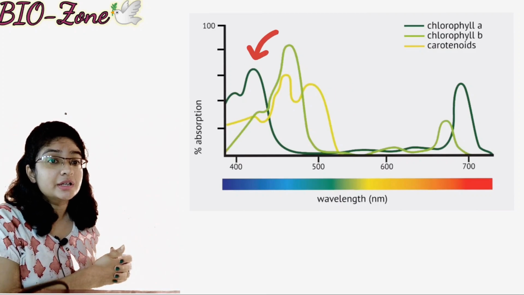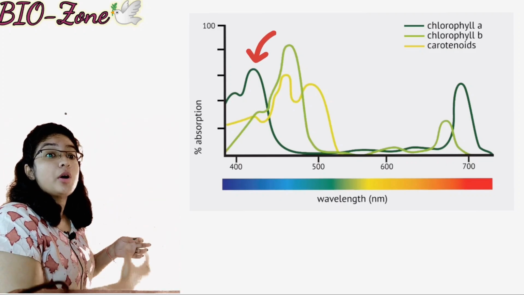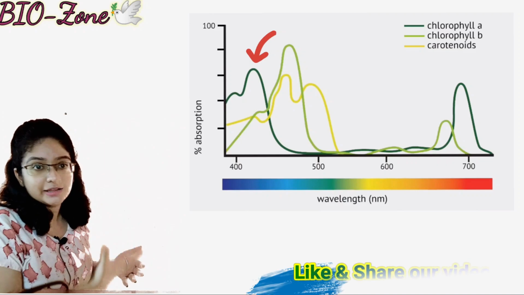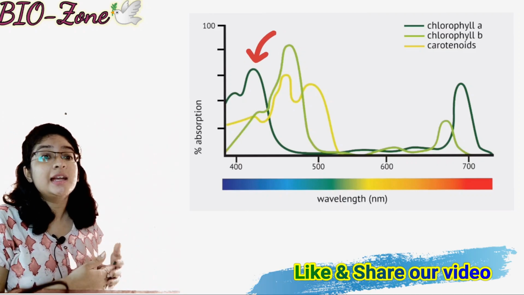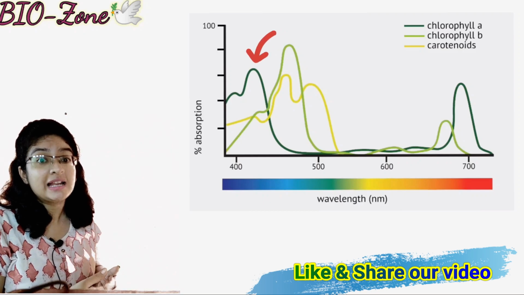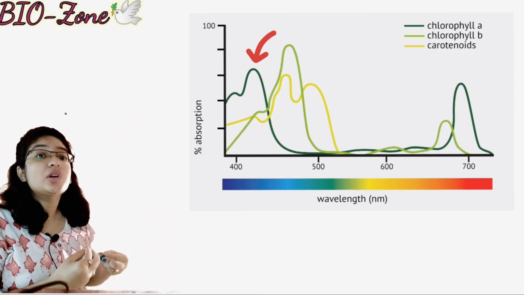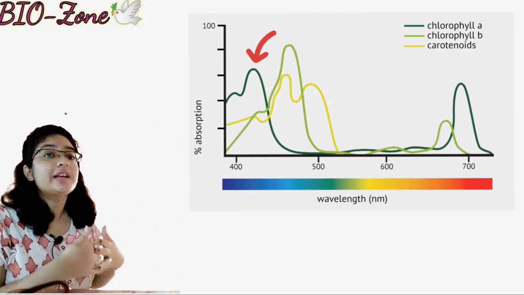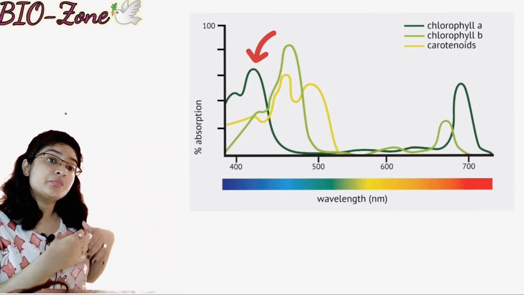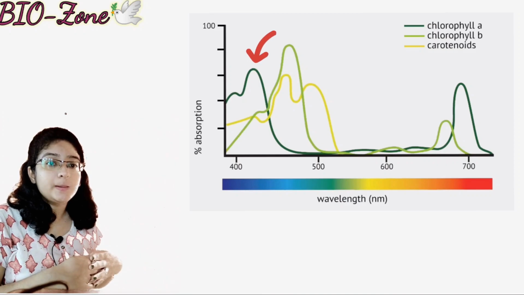So from here we can see that the main chlorophyll responds more in the red light than chlorophyll B, which is the accessory pigment. As we saw in the previous graph also, the action spectra is much higher than the absorption spectra in the case of red light. So from here we can conclude that chlorophyll A can be the main chlorophyll.